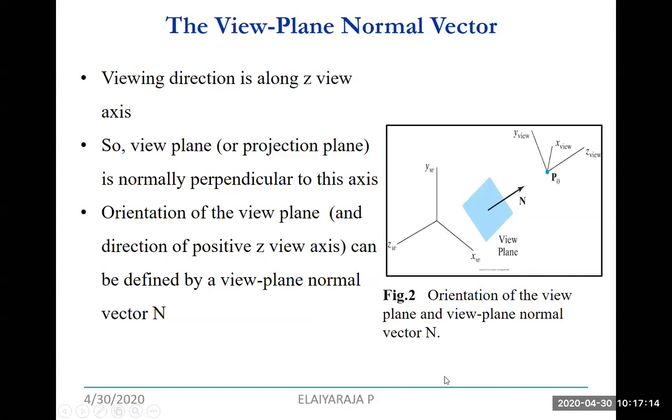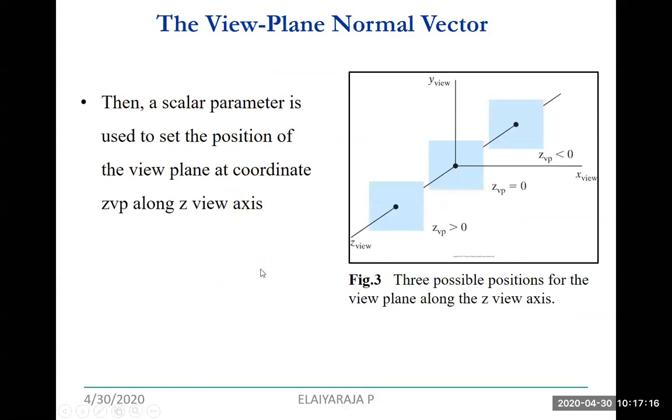And the scalar parameter is used to set the position of the view plane at the coordinate of your z view point along the z view axis.